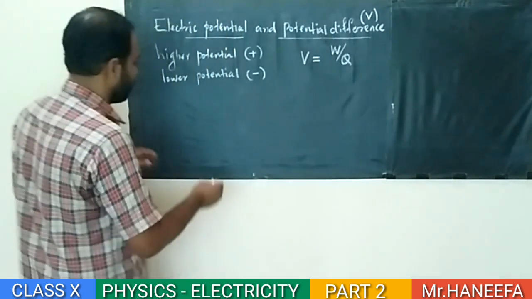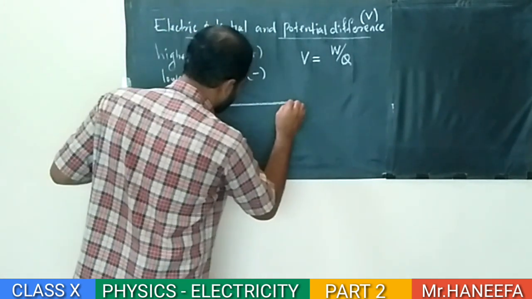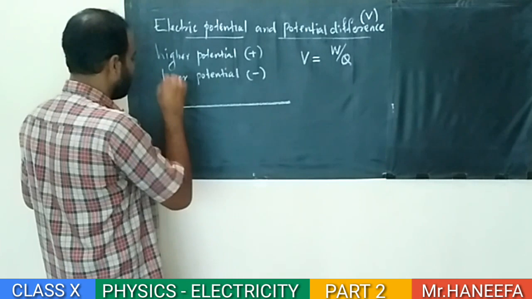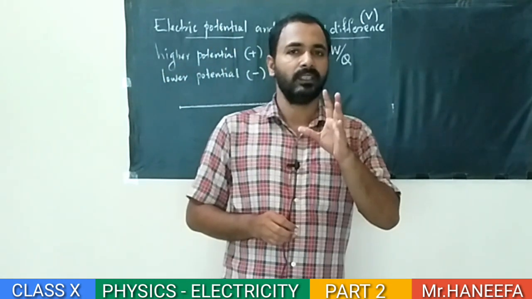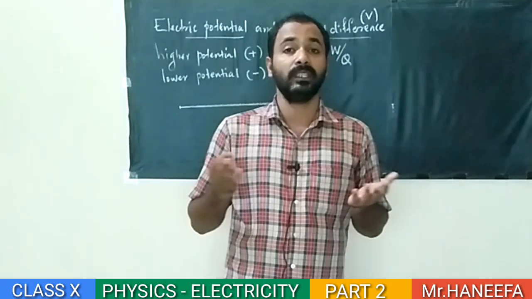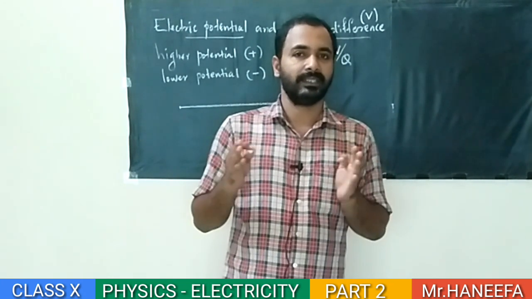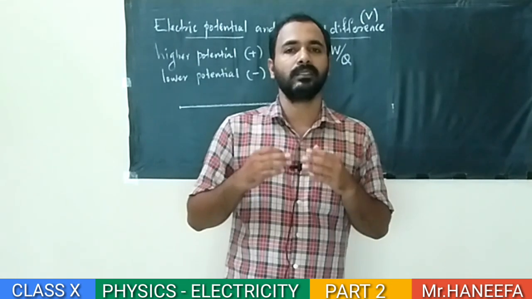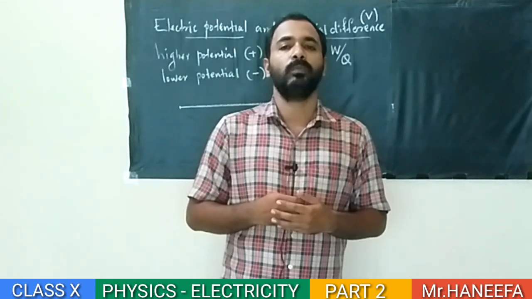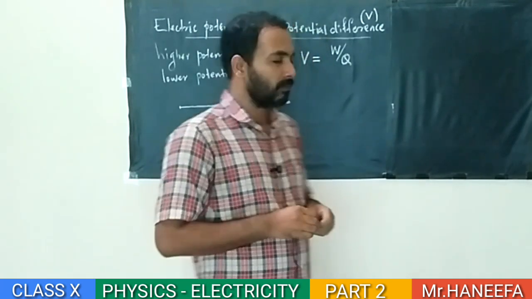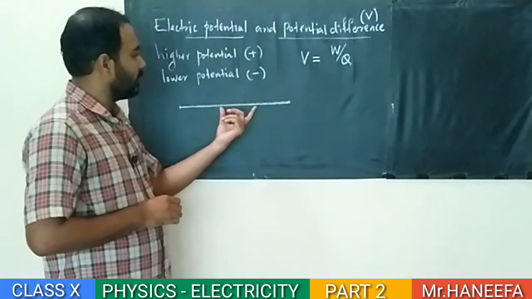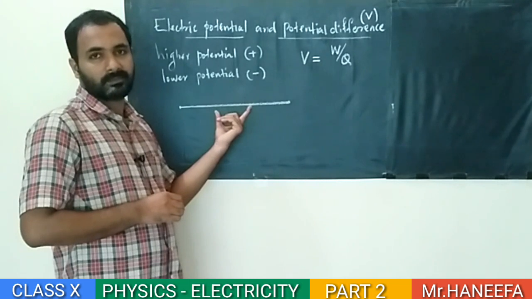For example, in the case of a conductor, we take a metallic wire. Okay, metallic wire is a good conductor of electricity. What is the meaning of conductor? Conductor means the substances which allow electricity to pass through them. That is called conductors. In the case of conductors, there are charges.